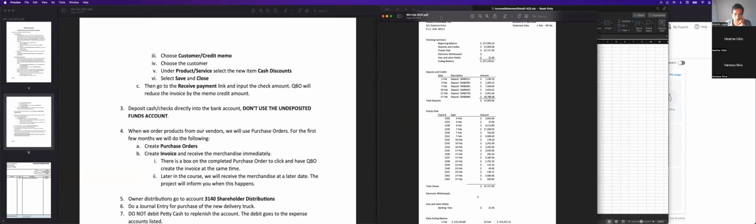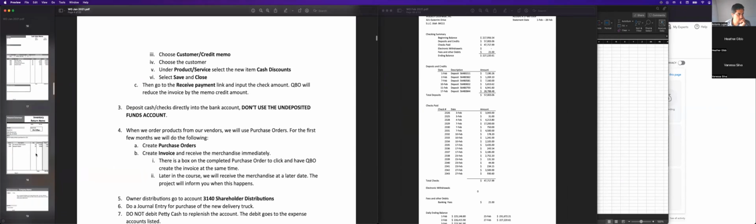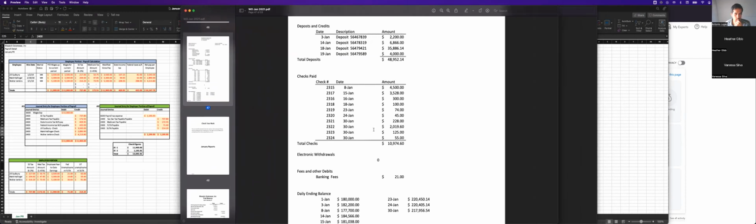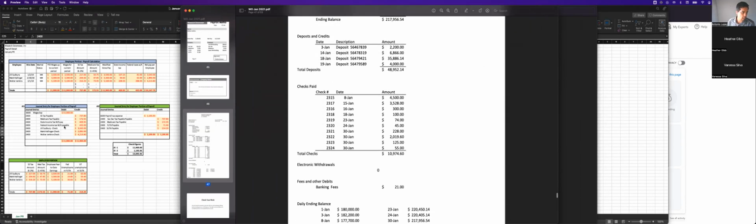So you can see that for January, we cut a check January 31st. These payroll checks for 3,043, 2890, and 4213 never clear the bank in January.